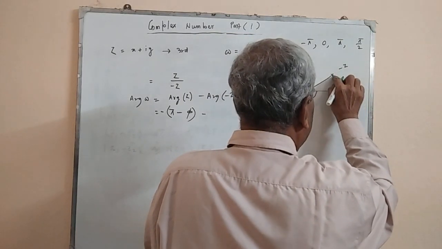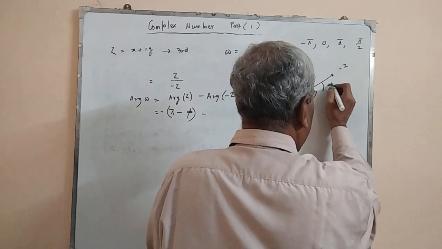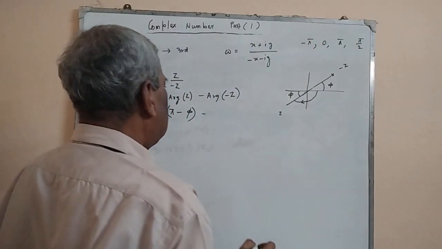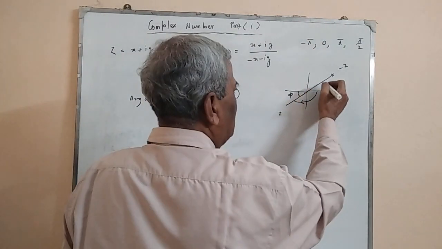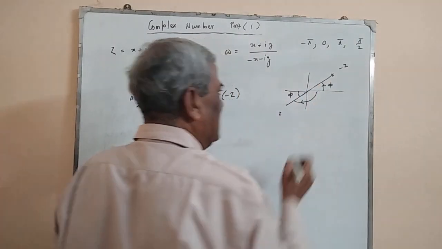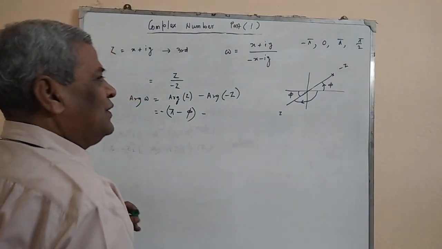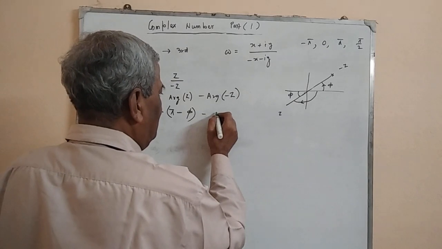Minus z is this point. If this angle is phi, that angle is also phi. This one is measured from the real axis in the anti-clockwise direction, so it is simply phi.